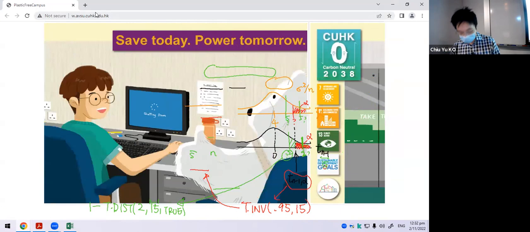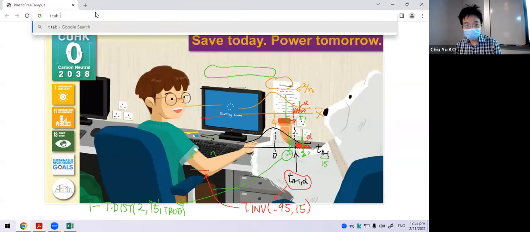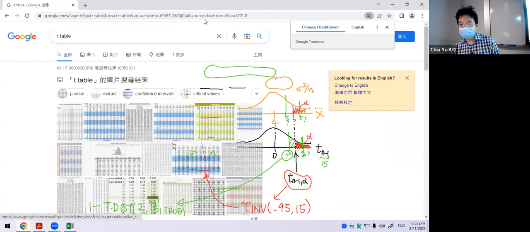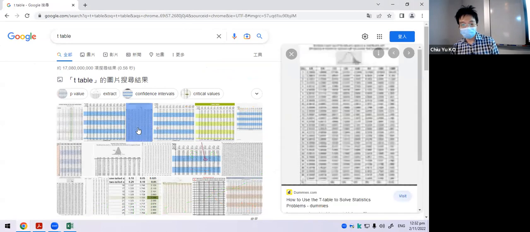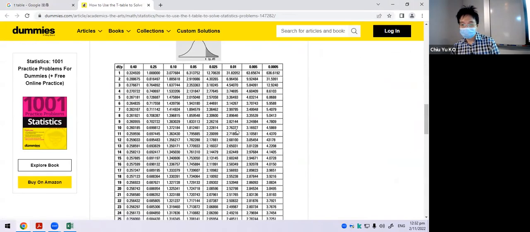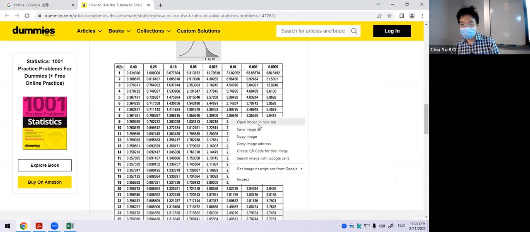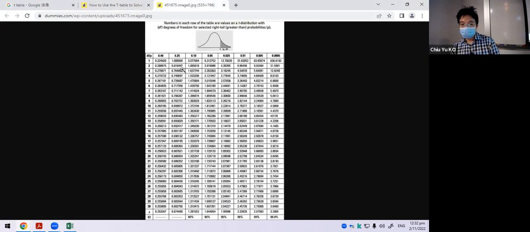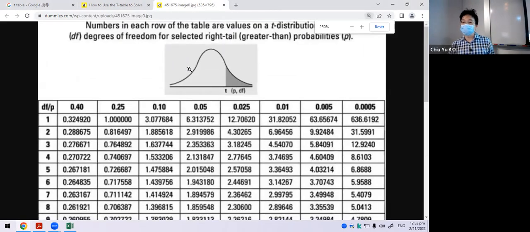How do you use a T table? Just look at the T table. Let me clean up this thing. Randomly pick this one, and go bigger. This one gives you the tail area.